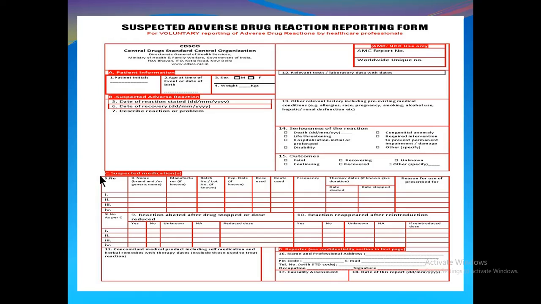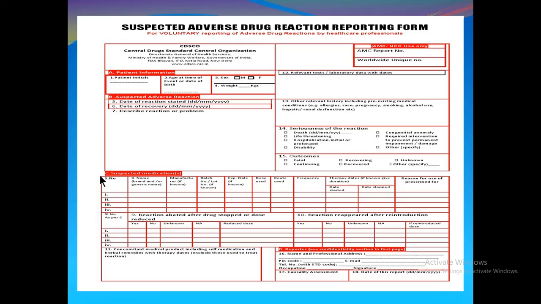Point 8 asks for details about one or more medications when used concurrently under 9 headings such as brand name or generic name, name of the manufacturer company, batch number or lot number of the drug marketed, expiry date, details about dose used, frequency of dosing, therapy dates and reason for indications of that very drug.